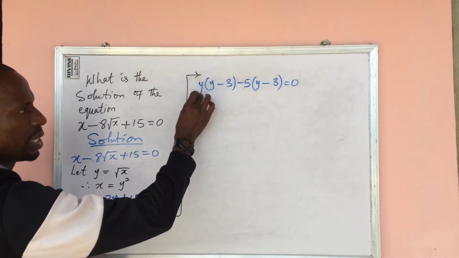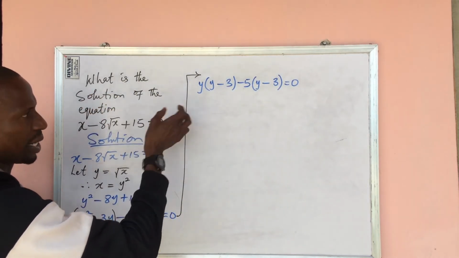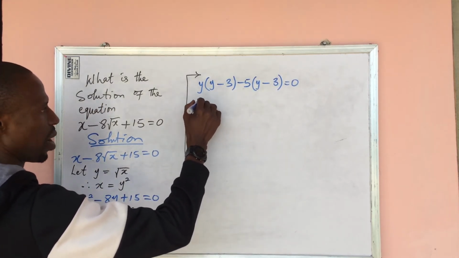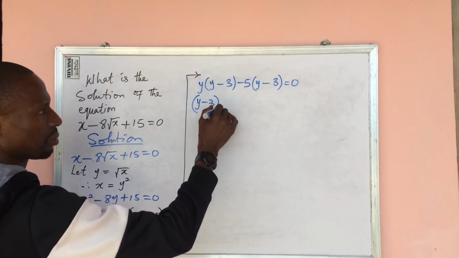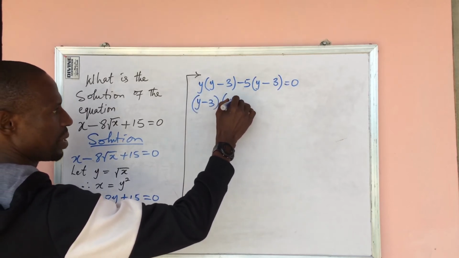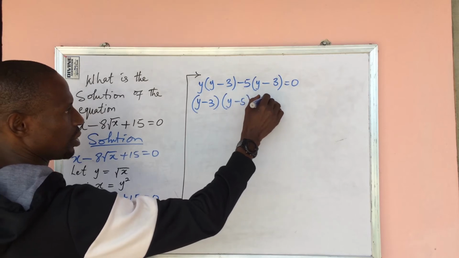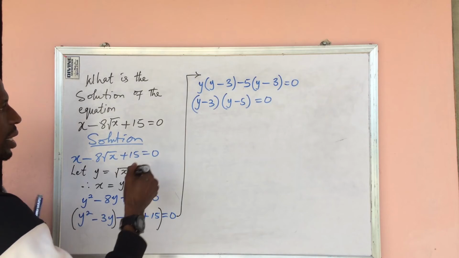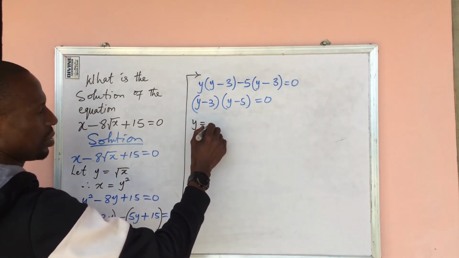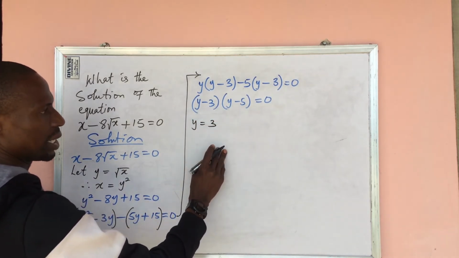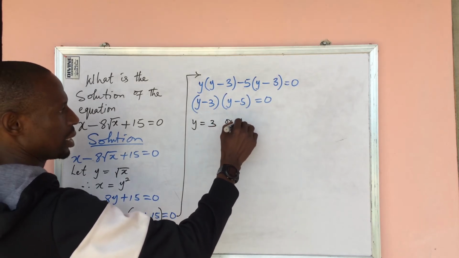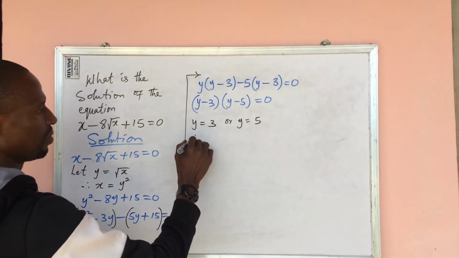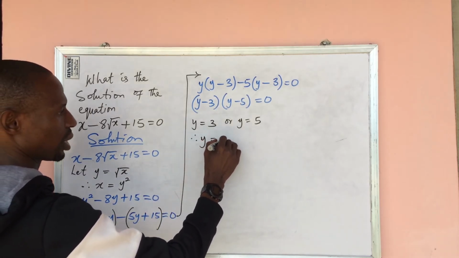So we take only one of them out. This will now give us y minus 3, close bracket, bracket, y minus 5 equal to 0. So at this point, we can say that y is equal to positive 3 or y is equal to positive 5.